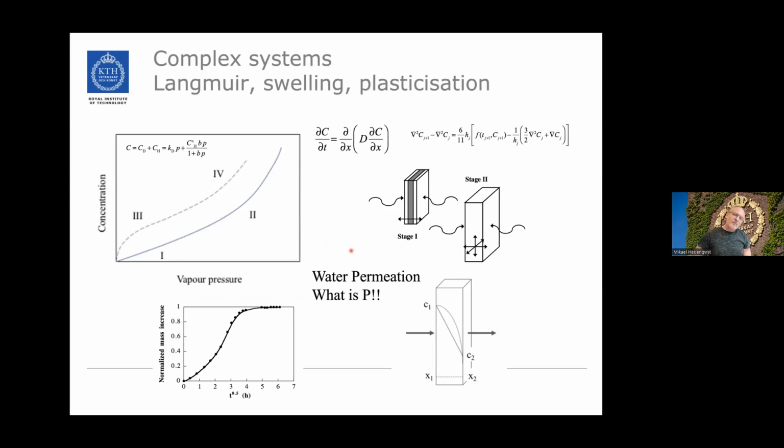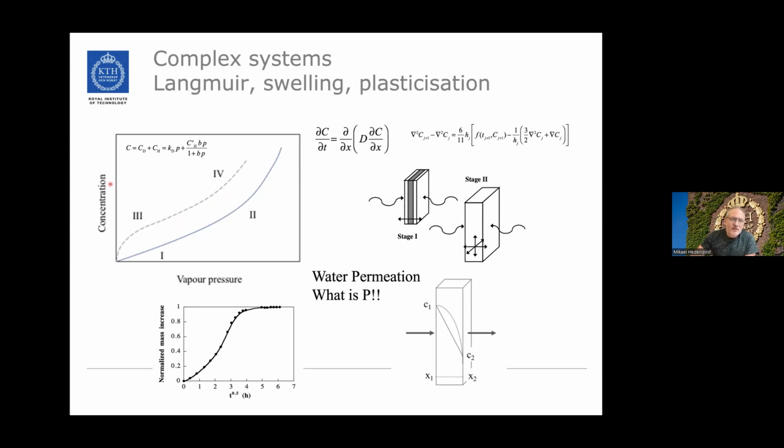There are, apart from that, polymers are open structures or low density materials. There's also a lot of things that can happen in the polymer which leads to complex behavior. The chart I have to the upper left is referred to as a sorption isotherm.